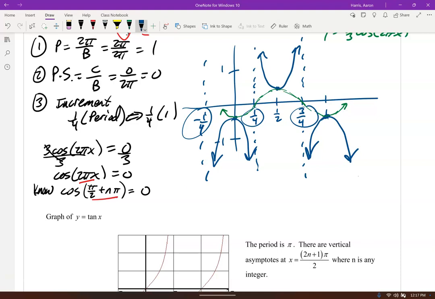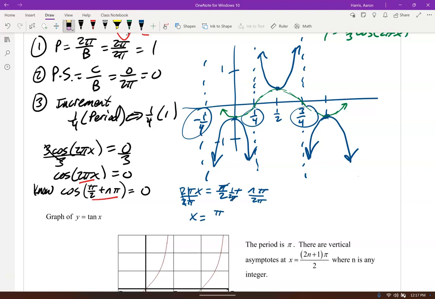So then we just have to set it equal to, where's 2 pi x equal to pi halves plus n pi. And so we have to divide everybody by 2 pi. Divide that by 2 pi, that by 2 pi, that by 2 pi. Oh, the pi's cancel, I'm sorry.